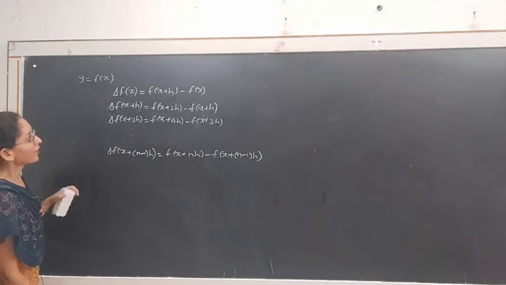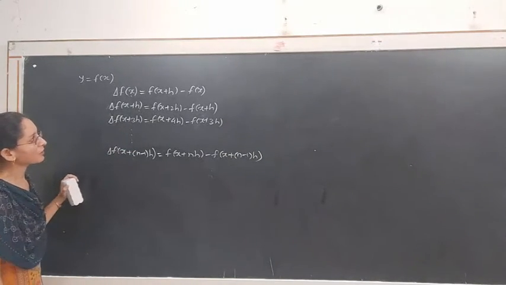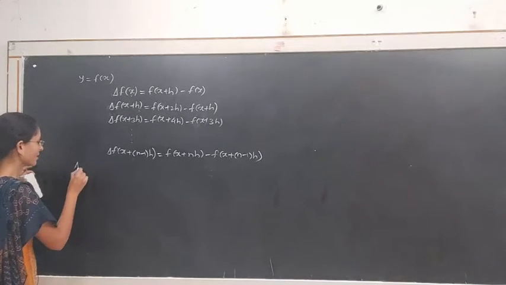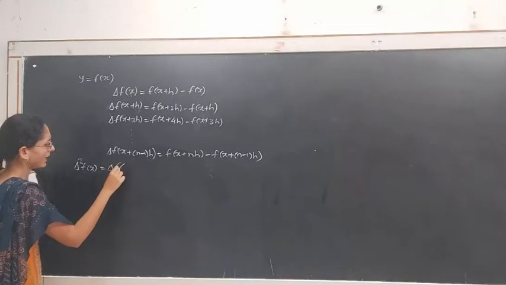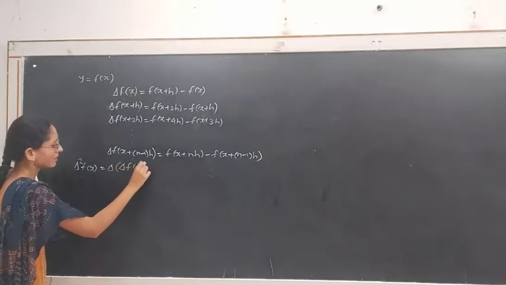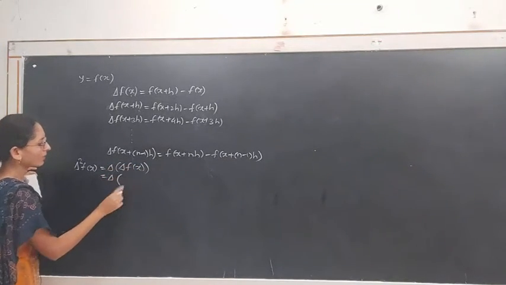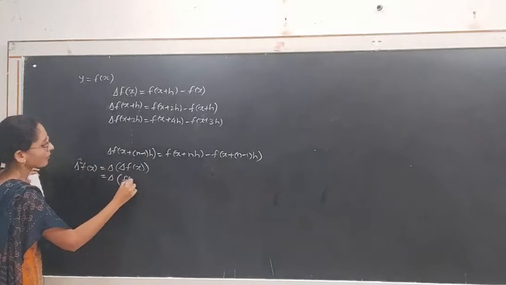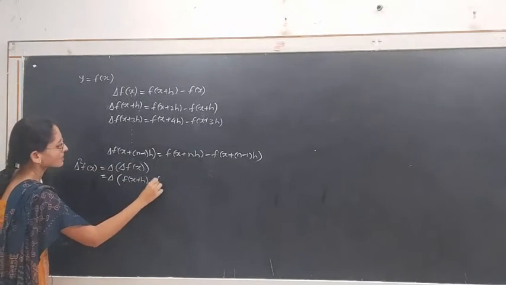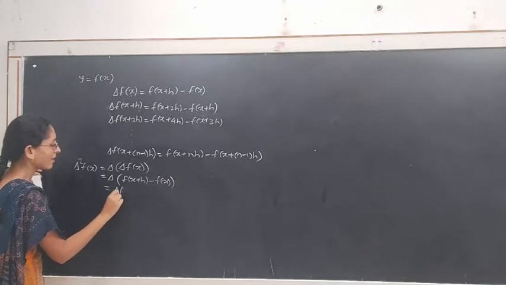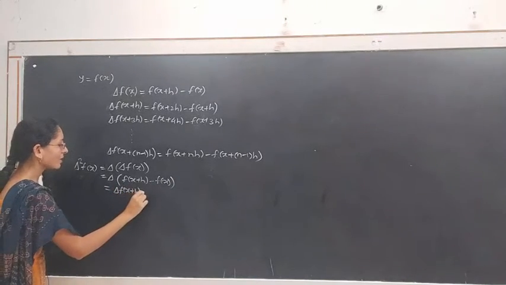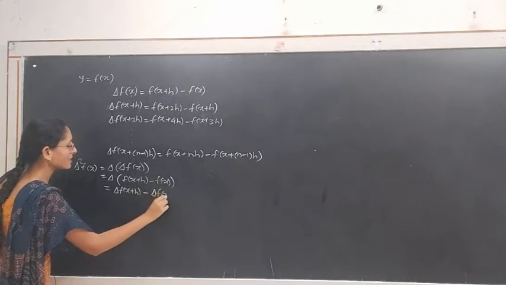From this formula, we also get second order forward differences. Del square f of x is equal to del of del f of x. This is equal to del of f of x plus h minus f of x, which is equal to del f of x plus h minus del f of x.